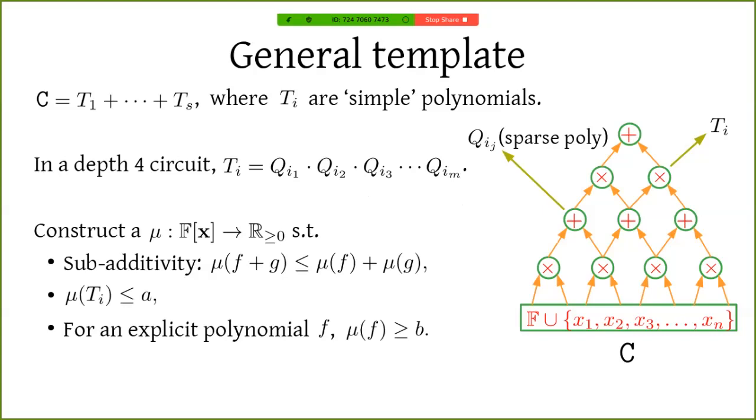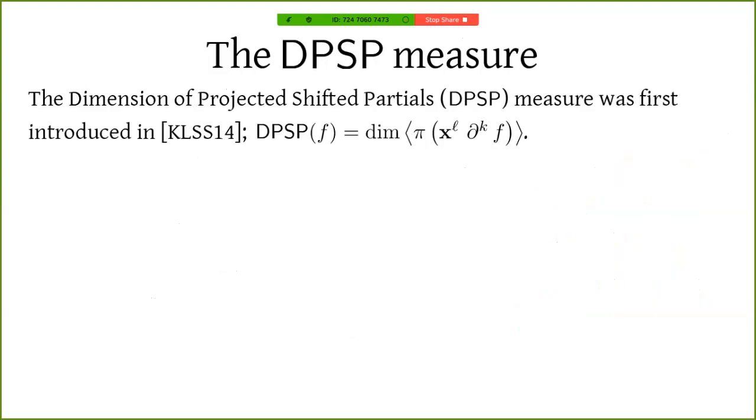Now, if the circuit C computes a polynomial f, then mu C has to be equal to mu f, and therefore s is greater than or equal to b by a. If b is large and a is small, then we get a good lower bound on the size of the circuit C. Therefore, our goal is to prove a small upper bound on mu Ti and a large lower bound on mu f.